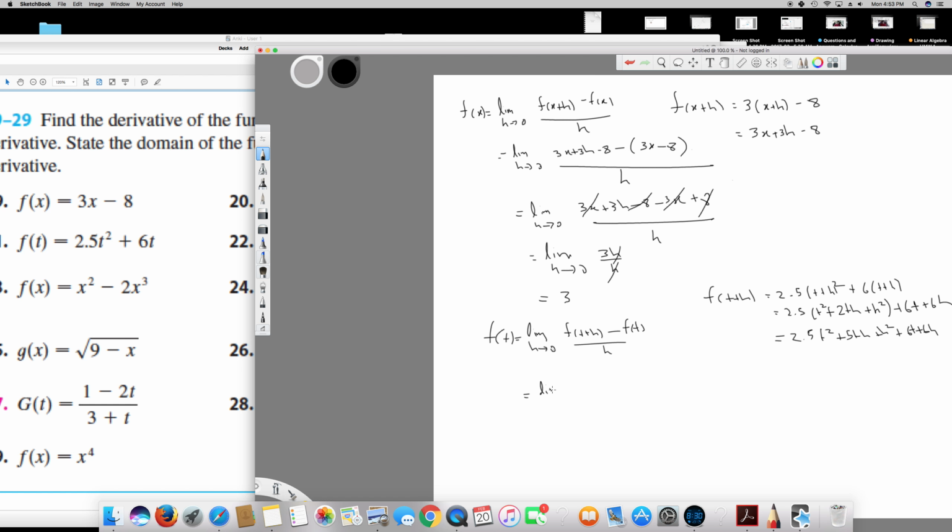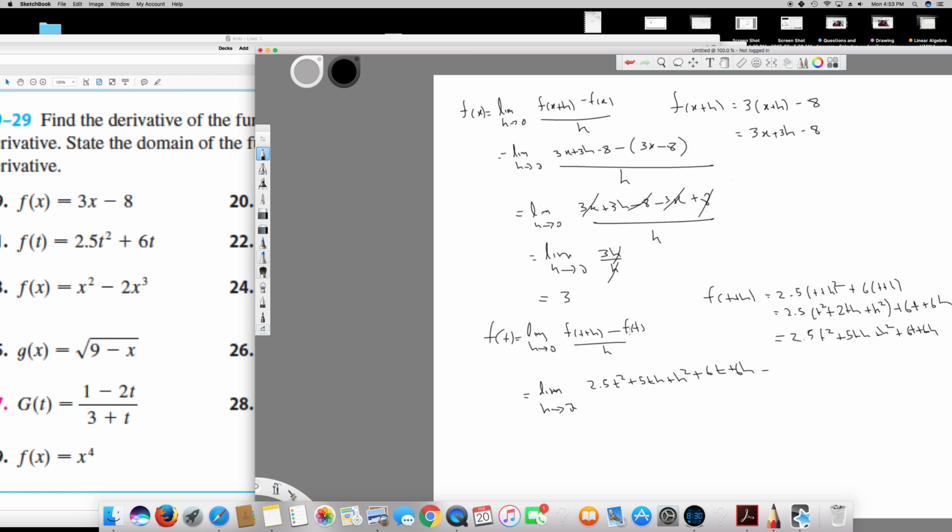It's going to be the limit as h approaches 0. This is the value on the top for f(t plus h): 2.5t squared plus 5th plus 2.5h squared plus 6t plus 6h, and this is just f(t plus h).